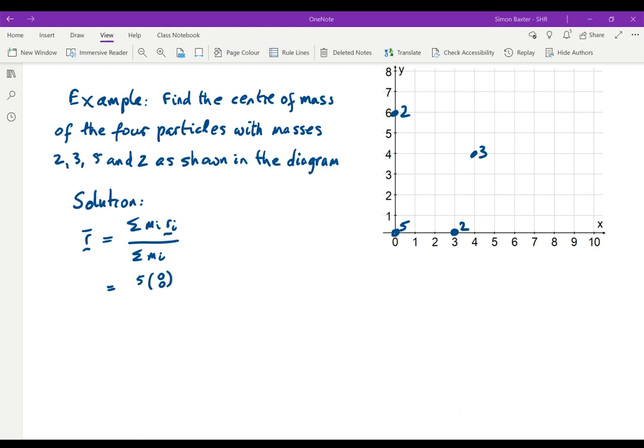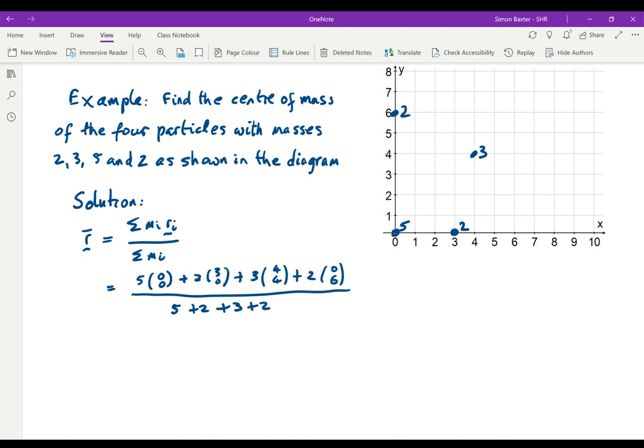So that's plus 2 times 3, 0 plus 3 times 4, 4 plus 2 times 0, 6 divided by 5 plus 2 plus 3 plus 2.